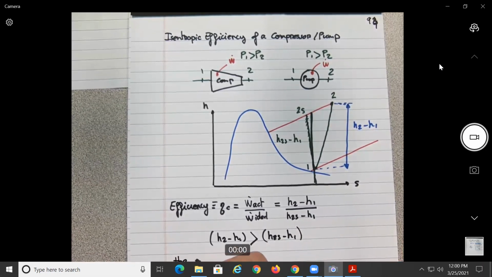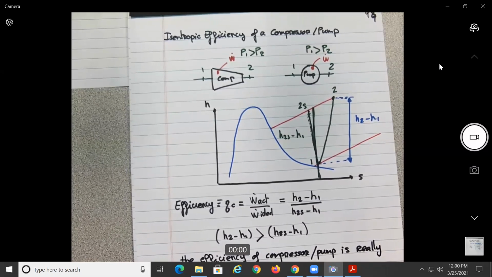Because of this, the efficiency of the compressor/pump is really defined as what?